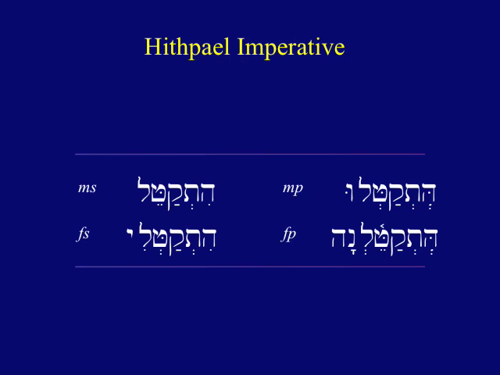Feminine singular, hitkatli. Masculine plural, hitkatlu. Feminine plural, hitkatelna. Oh, when I proofed this one, I didn't see the rogue dageshes that shouldn't be in those hays in the plural forms. So ignore those. Those are not mapiks or anything else. They just shouldn't be there.